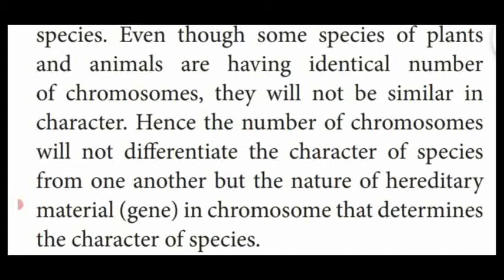For example, in our body we have 23 pairs of chromosomes, that is 46 chromosomes. That number will not differentiate the character of the species, but the nature of the hereditary material, the gene present in the chromosome, determines the character of a species.